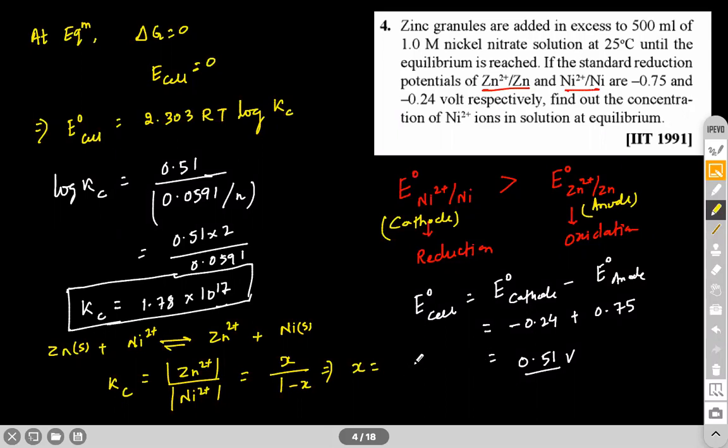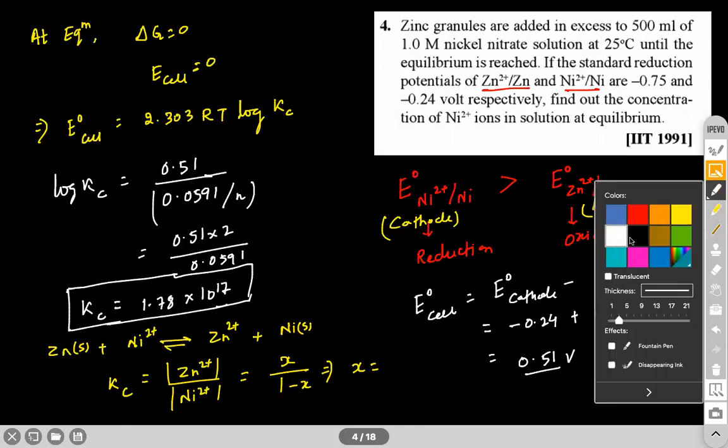Okay, so you can find out x from this, and then you can find out 1 minus x. So 1 minus x will be approximately the nickel. This is the reaction, right? So initially, if it is 1, it is 0. Kc is nothing but the concentration of Zn2 plus by Ni2 plus.